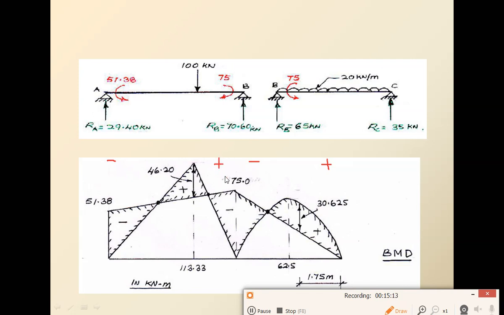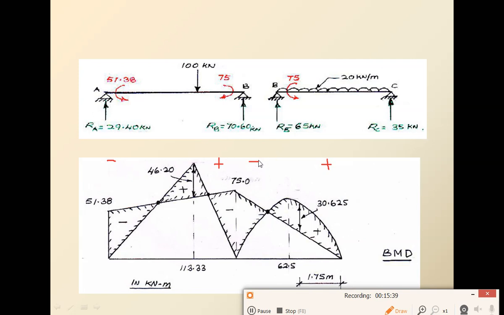And for the B support, we have two moments. MBA is 75 kilonewton meter, so that also you have to draw above the datum. Why? Because here the sign convention is different for the end moments.